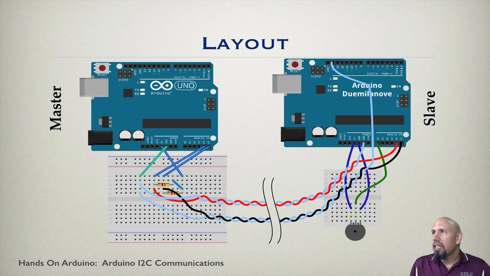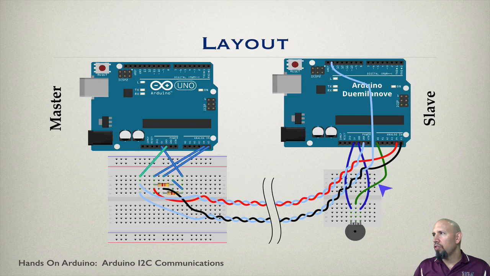Here's the layout that we're going to use for this. In our layout, we have basically the same configuration as we had before. Over here, this is exactly the same, but the only difference now is we have this potentiometer here that we connect up to. So we have 5 volts and ground, and then we go into analog channel 0.